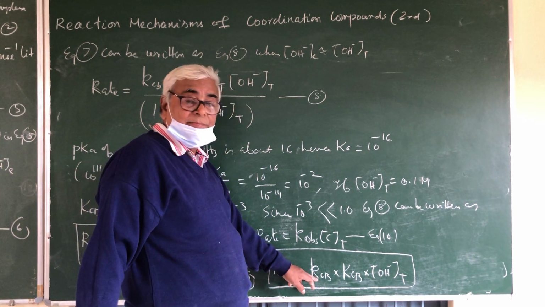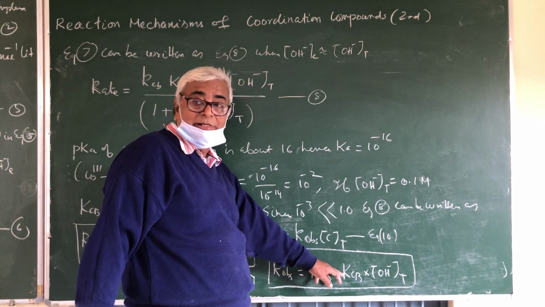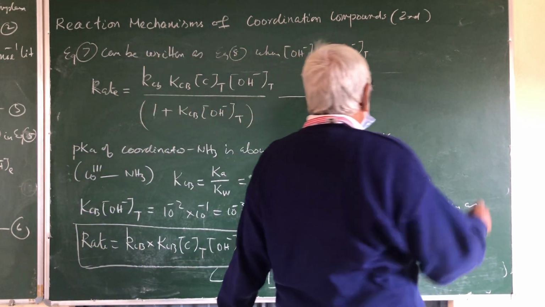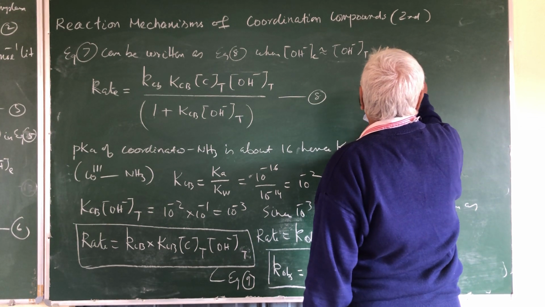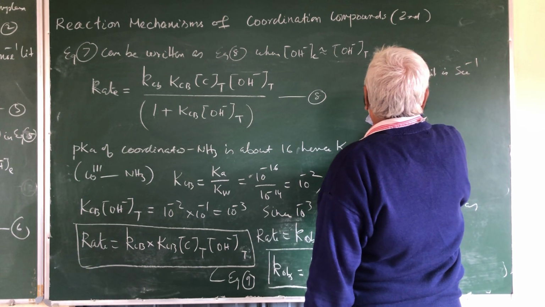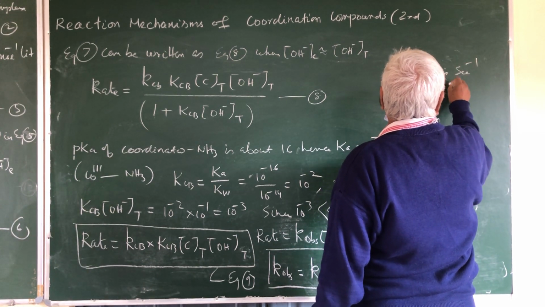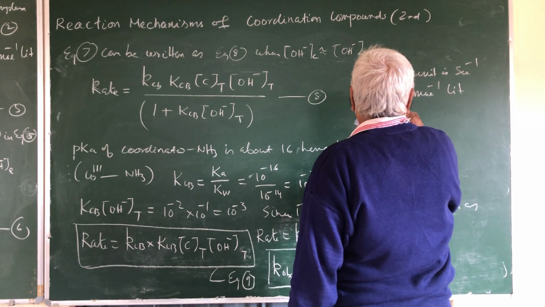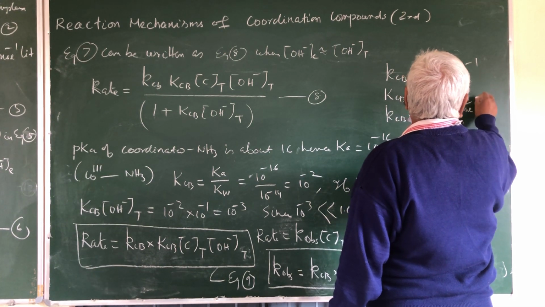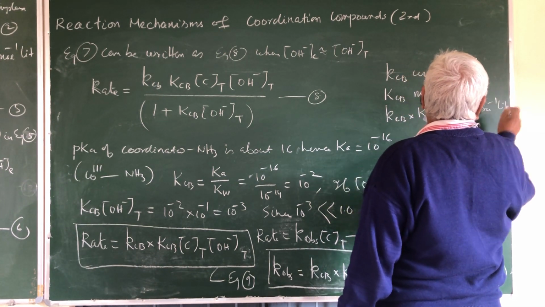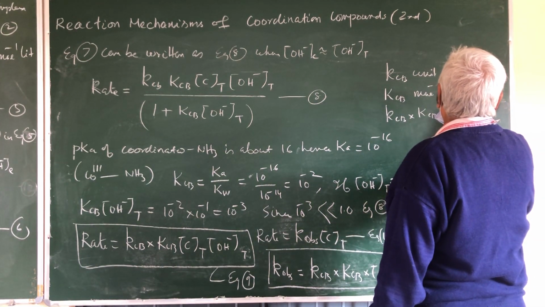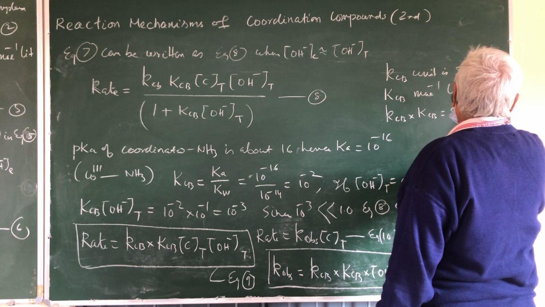The unit of this is second inverse. Unit of this is mole inverse liter. So the product of these two is the second order rate constant. K unit is second inverse. Kcb unit is mole inverse liter. So K into Kcb unit will be mole inverse second inverse liter, or you can write second inverse mole inverse liter.